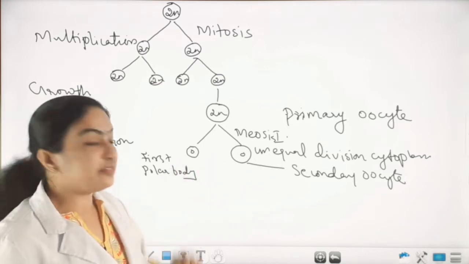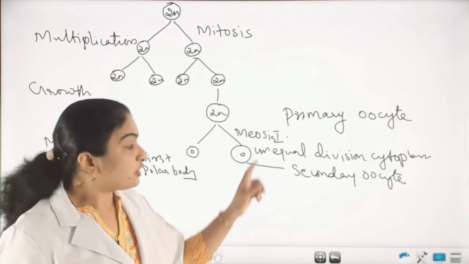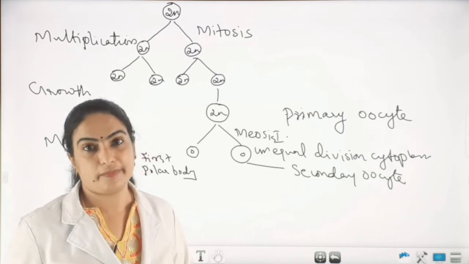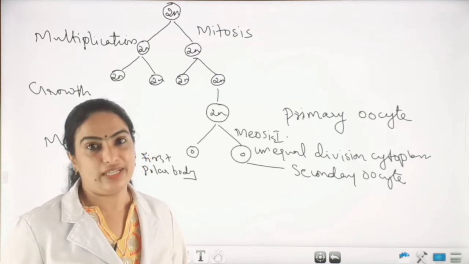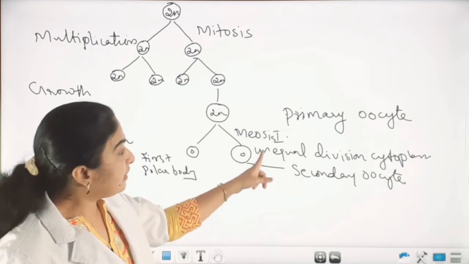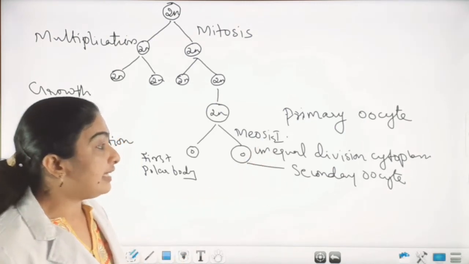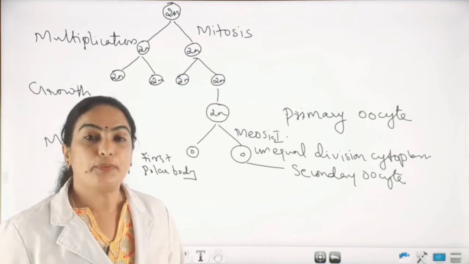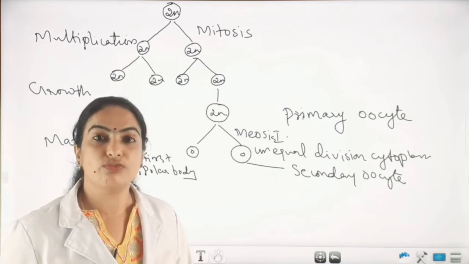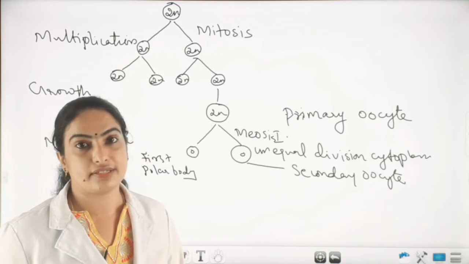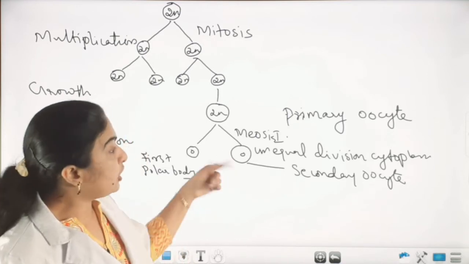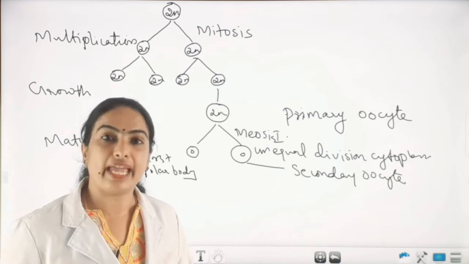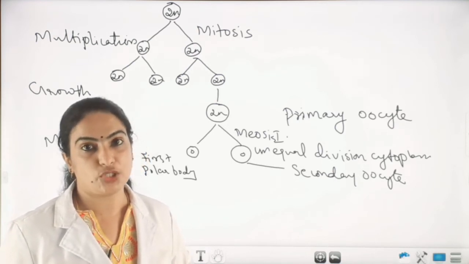Now this secondary oocyte, actually the secondary oocytes are released from the ovary, and that is the ovulation. And here the meiosis 1 is temporarily arrested. That means the prophase 1 of meiosis 1 is temporarily arrested. And that meiosis will continue only when the sperm enters into the fallopian tube.